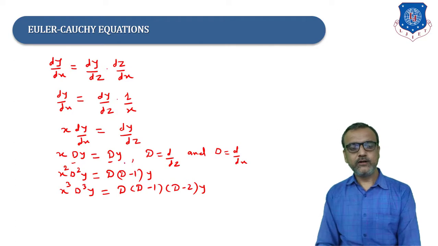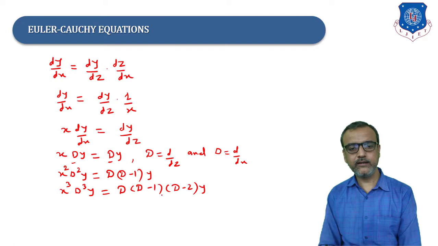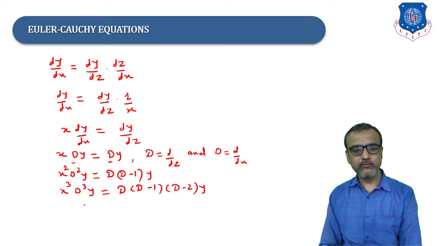Now if you will replace x dy by Dy and x square d square y by D(D minus 1)y and x cube d cube y by D(D minus 1)(D minus 2)y in equation number 1, and if you will simplify, then you will get the differential equation of this form, that is function of D, y equals to q of e raised to z.